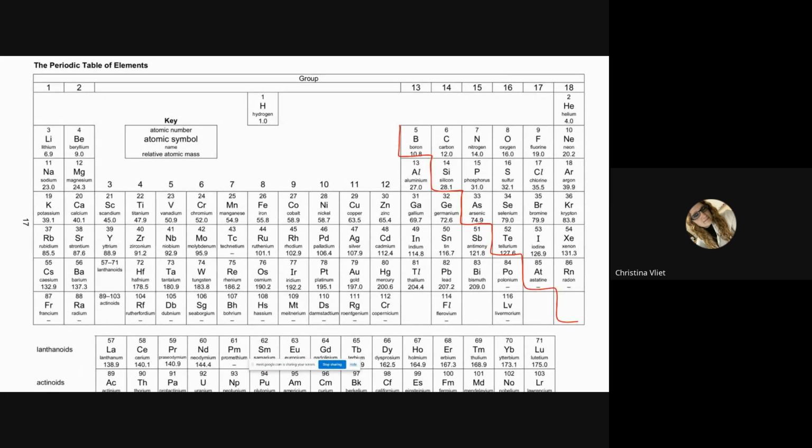So you're going to have to know that all the elements in group 14 have how many valence electrons? 4, right? All the elements in group 15 have how many valence electrons? 5. All the elements in group 16 have how many valence electrons?